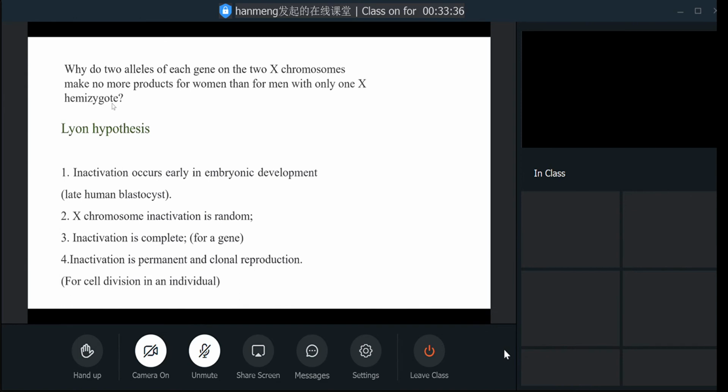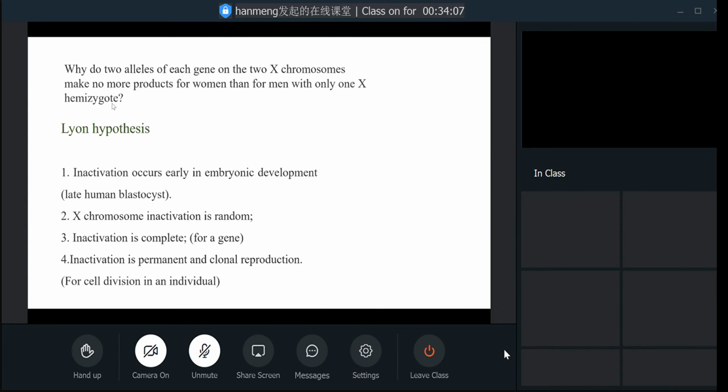One X chromosome is inactivated early in embryonic development, and the X chromosome inactivation is random. So the X from his father or mother can both be inactivated.